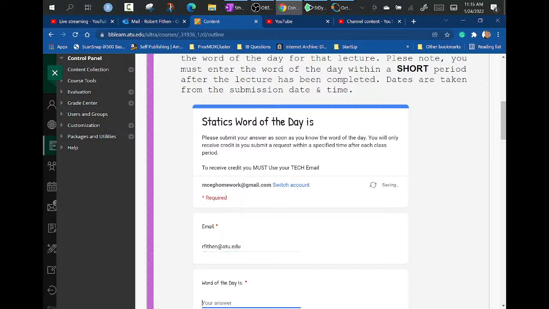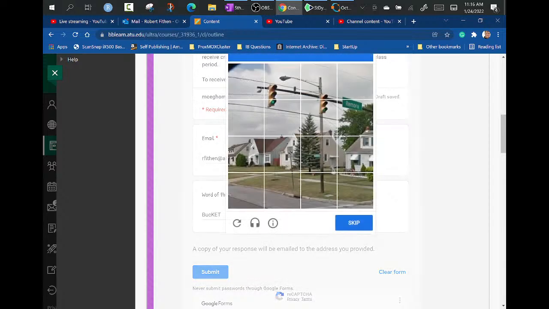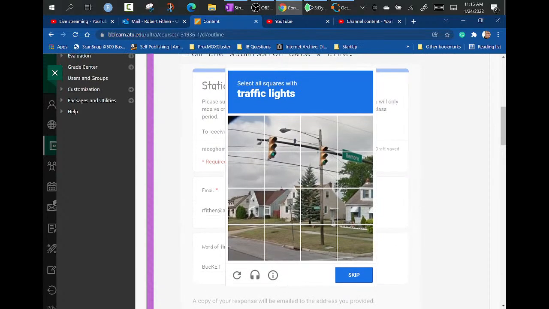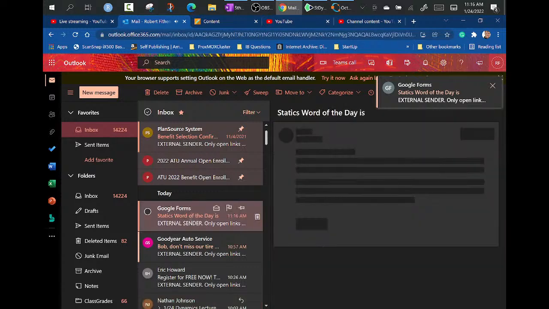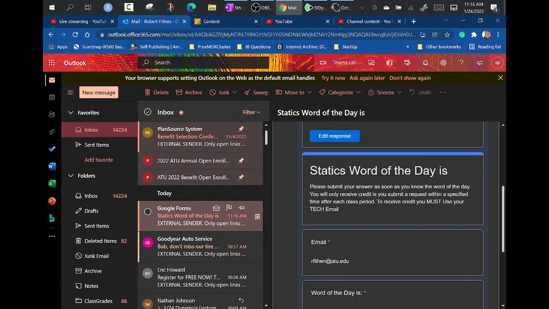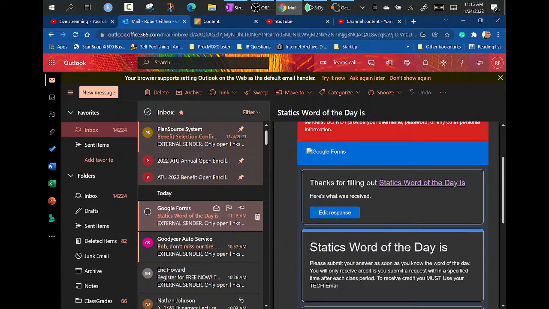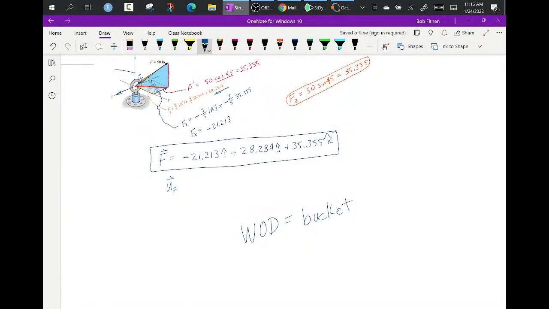And like I said before, it doesn't have to be completely upper or lowercase. Oh, and you got to hit the submit. Am I going to get an email? There it is, so there's my word of the day. It came back to me. You should get this back to you as well.